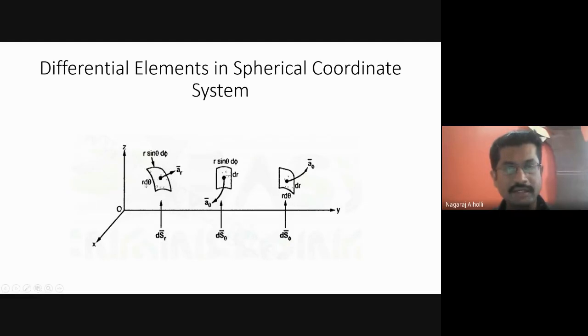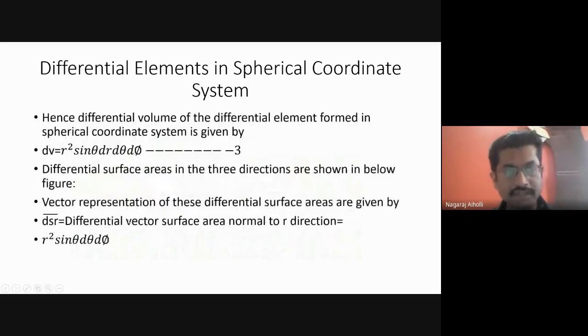So ds r bar, the differential vector surface normal to the r direction, is r squared sine theta d theta d phi.